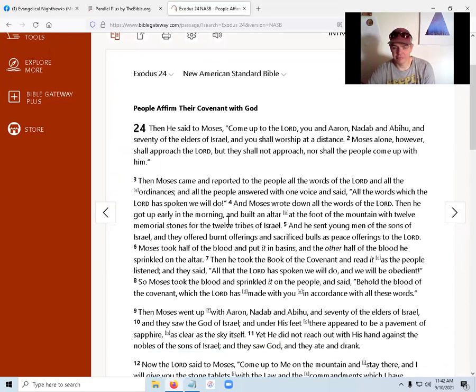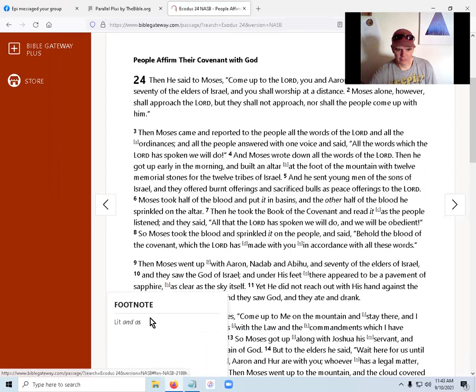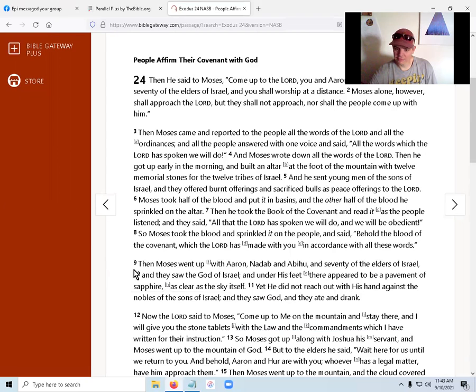In Revelation, John sees heaven in a vision. He sees God sitting on a throne, all fiery, on a throne made of glowing sapphire. Under him is a sea like crystal glass. Here, under his feet, appeared to be a pavement of sapphire, and as clear as the sky itself.